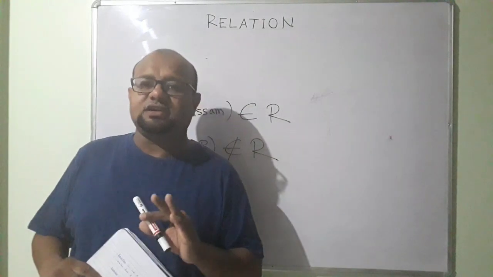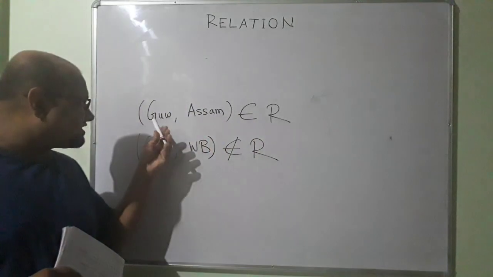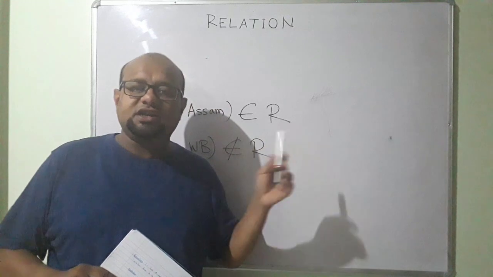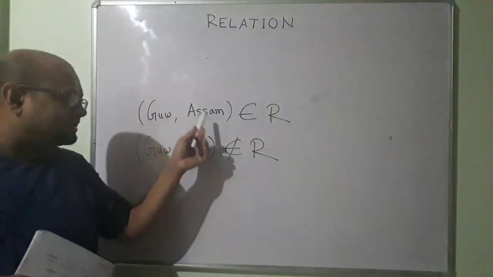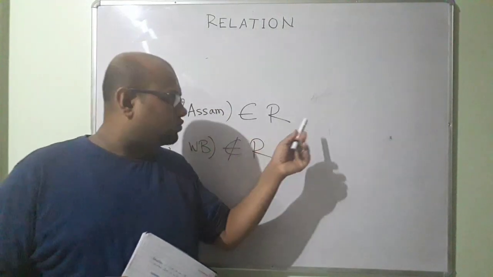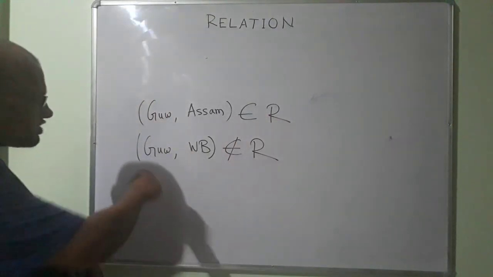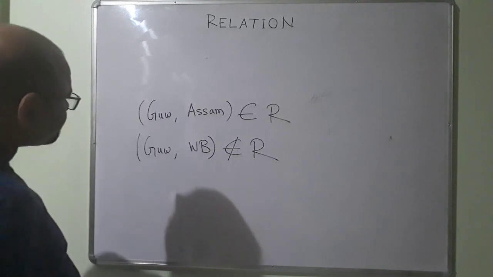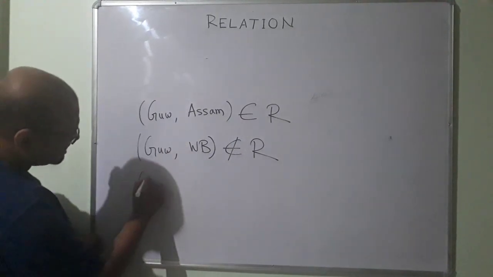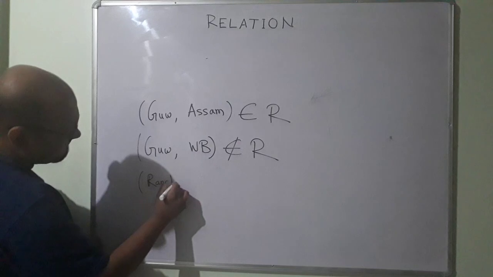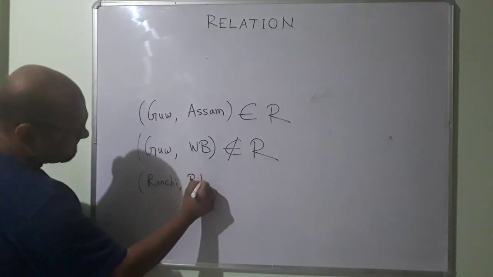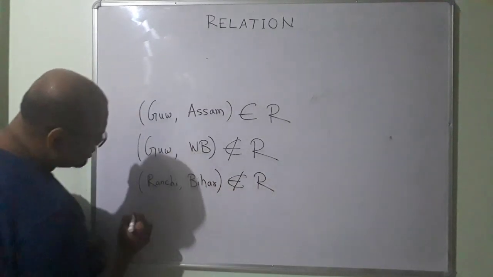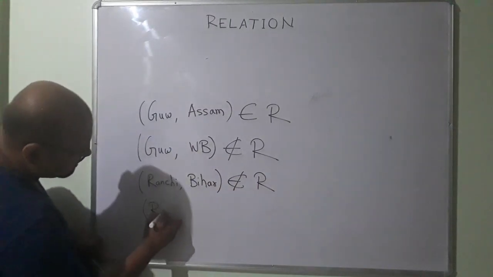Now there is a condition that I have. The condition is that my ordered pair will belong to my relation if this city is in this state. So this is true, so it will belong to this relation. This is not true, it will not belong to this relation. Similarly, some other, say Ranchi, Bihar, this will not belong to the relation because Ranchi is not in Bihar, Ranchi is in Jharkhand.